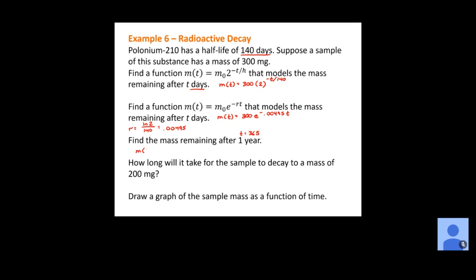M of 365 is equal to 300 times e to the negative 0.00495 times, and then we're substituting 365 in for t. And again, we'll just go to our calculator for that. So 300 times e to the negative 0.00495 times 365.